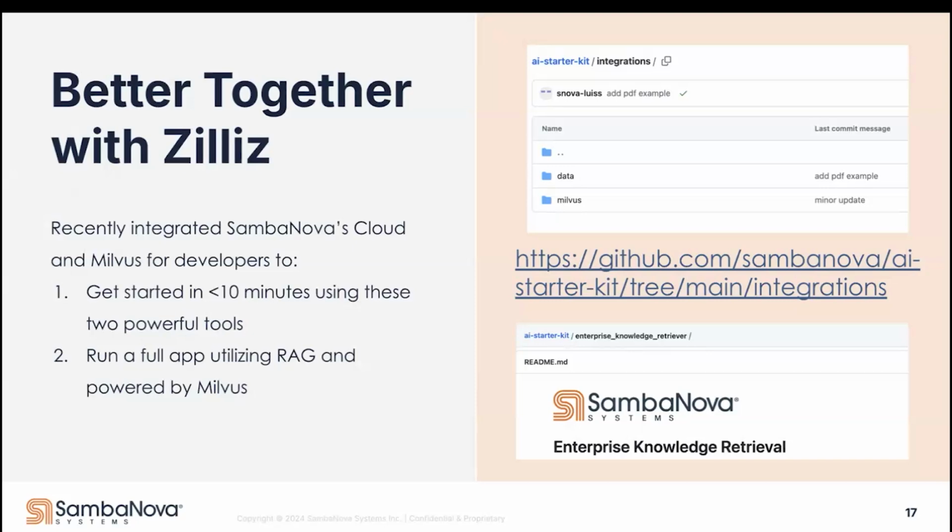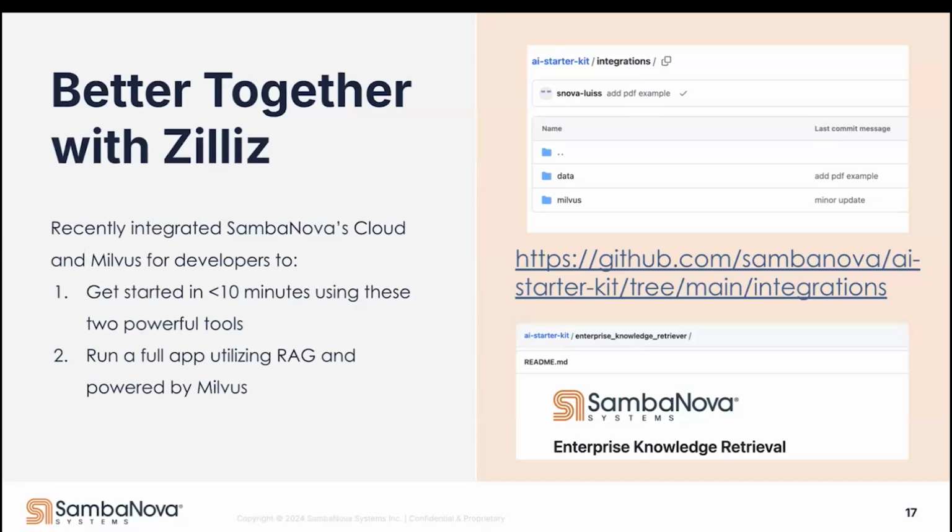And then the second way that we integrated with Milvus is we have these really awesome developer resources called AI starter kits. And these are available in a very similar space.